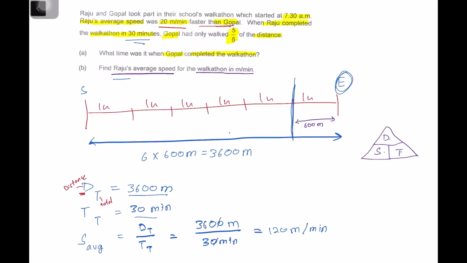So since the question states we need to give our answers in meters per minute, we leave it as it is. So Raju's average speed for the whole journey is 120 meters per minute.